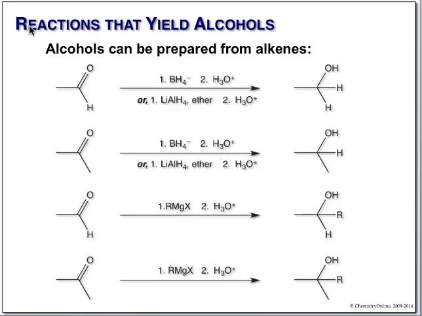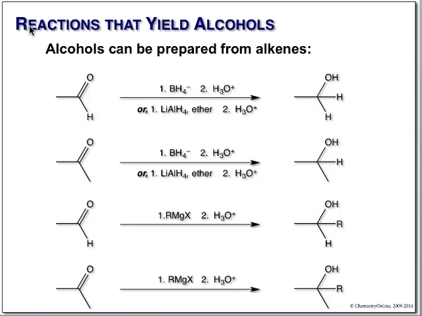In chapter 17, we looked at new reactions. Reduction of aldehydes and ketones. Aldehydes with lithium aluminum hydride or borohydride give primary alcohols. Ketones give secondary alcohols. We know that Grignards with an aldehyde will give a secondary alcohol.